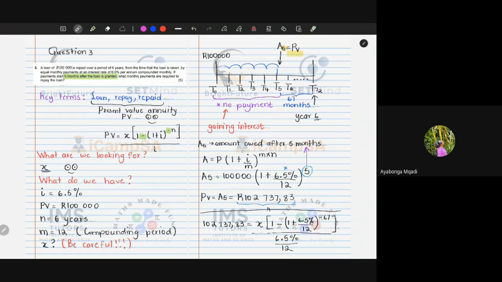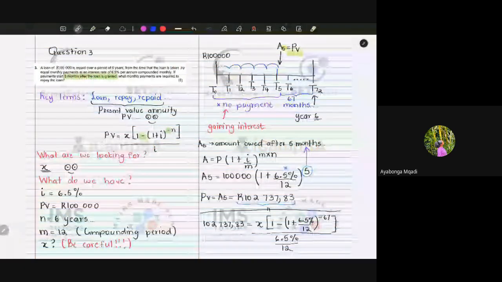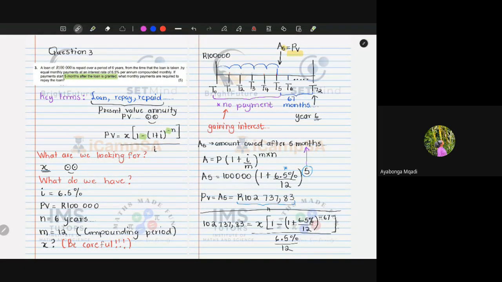That is the amount that we use to get the X, which is the monthly installments. So you use that amount to get the monthly installments, and the monthly installment is 1,832.58.